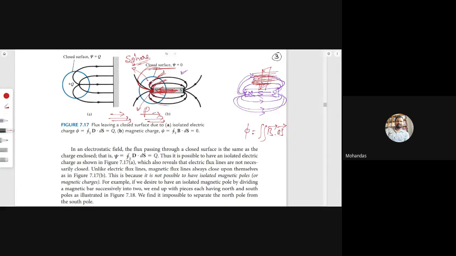What is the net magnetic flux only leaving through that closed surface? Can you guess how many net magnetic flux lines are leaving through this closed surface? Are you getting my question or not?